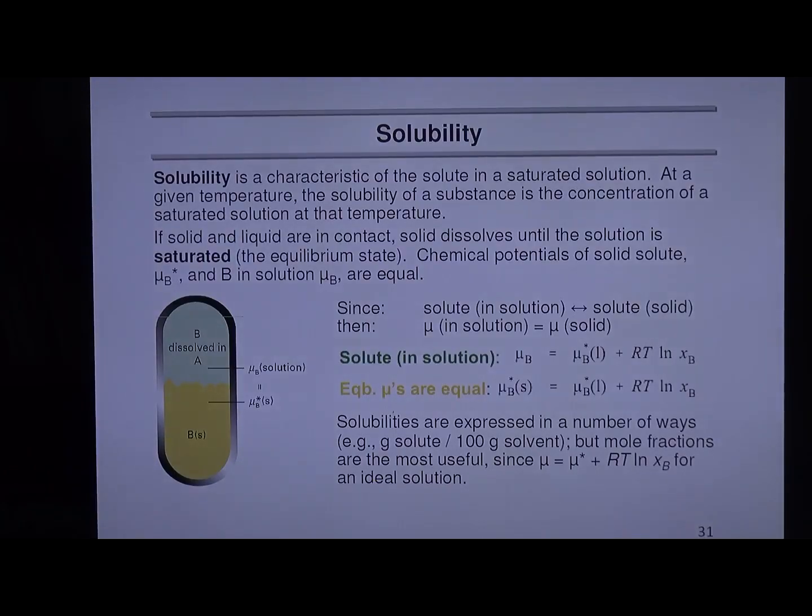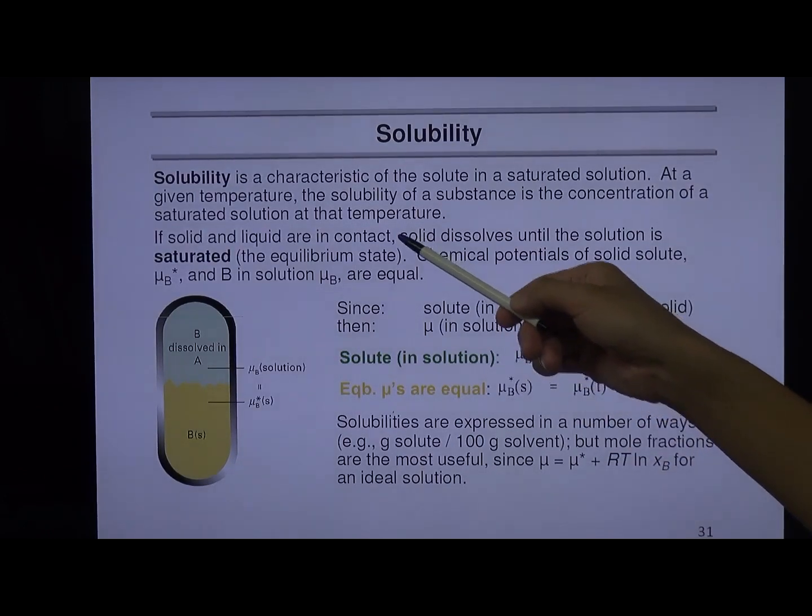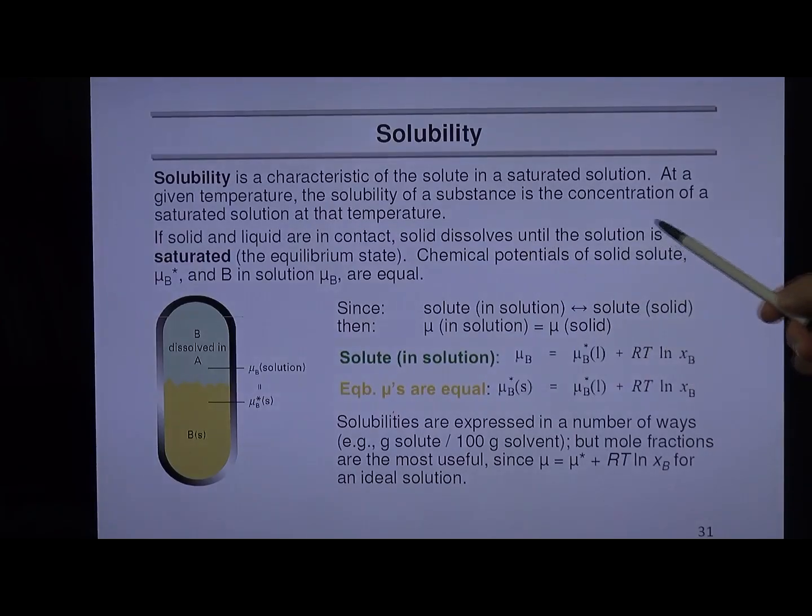Solubility. I mentioned before that solubility is not a colligative property. Then why do we consider this in this section? Let's say that we dissolve some solute in the liquid. Then that solute dissolves until the solution is saturated.